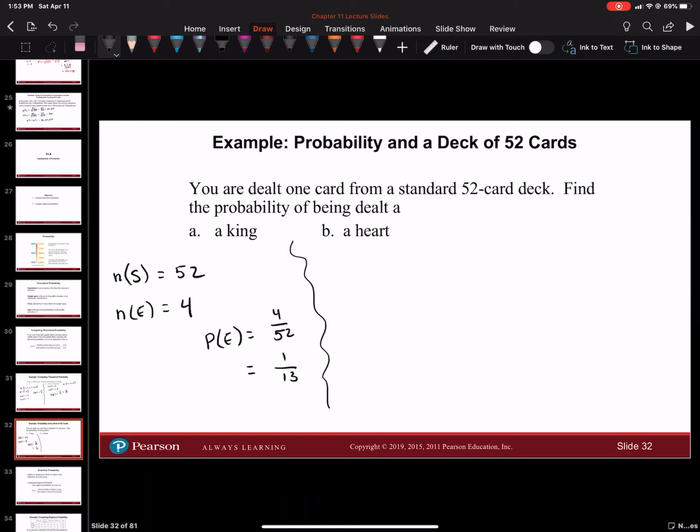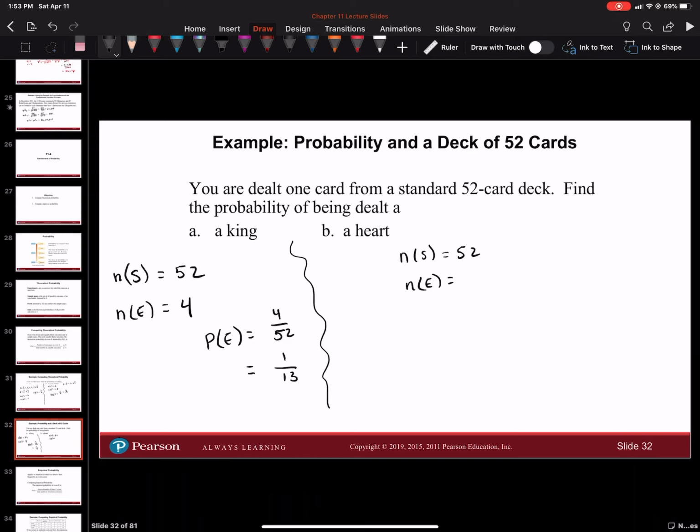Now, if you don't know what a standard 52 card deck is, they do have an example of it in the book for all the different suits and everything that's in the suits. Now, what about the probability of being dealt a heart? We know that the N of S is 52. If we know that we have 4 different suits and 52 cards, we can divide 4 into 52 and get 13.